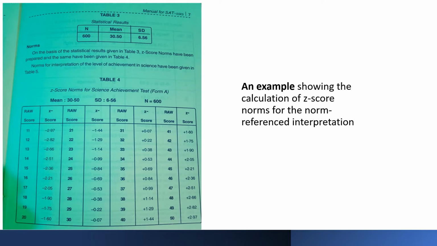For example, we can compare the same student's performance in mathematics and reading and find out in which one of the above subjects she is doing better. By converting the raw score into Z score, we bring it onto the common scale so that we can get the idea of how the student is doing in different subjects.